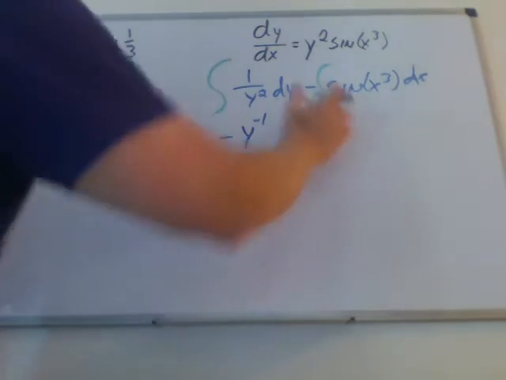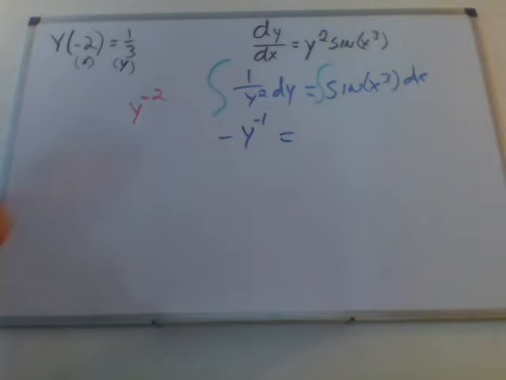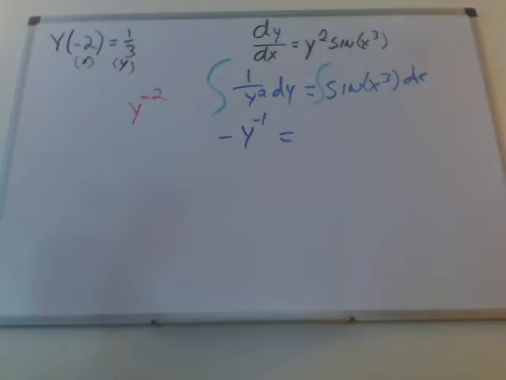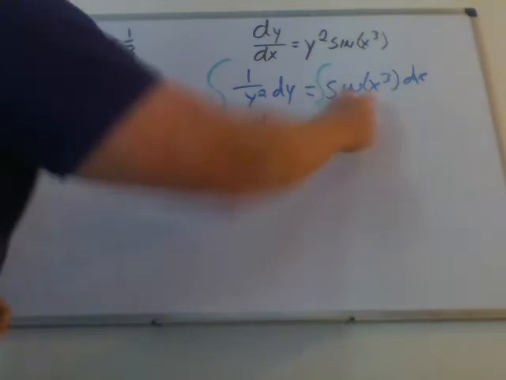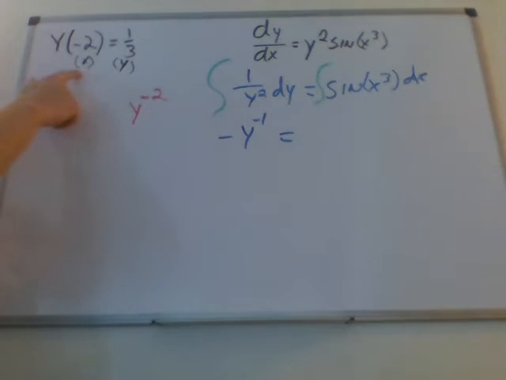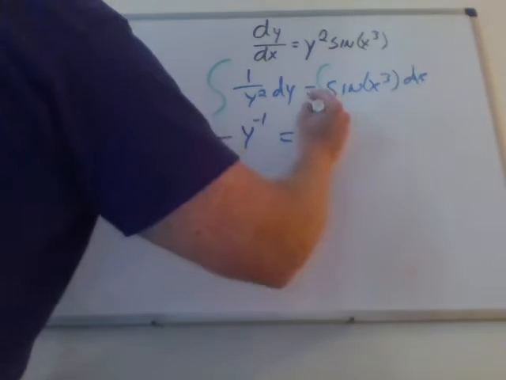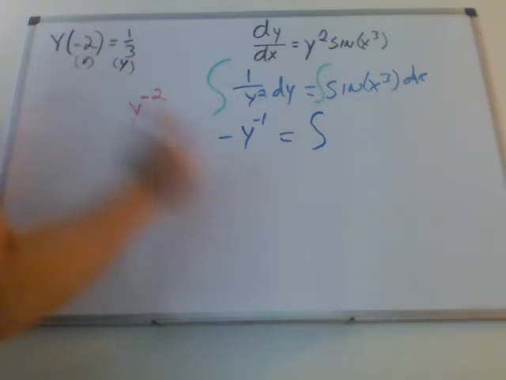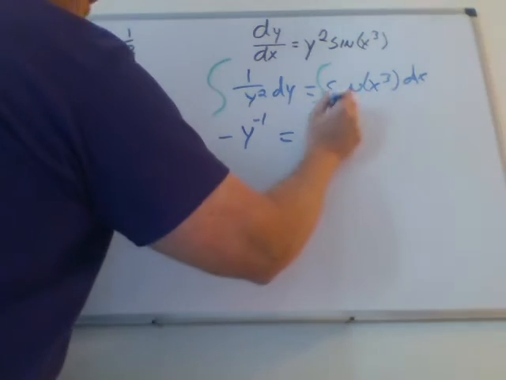Now, the integration of sine x cubed is a little tricky because you can't integrate that directly. You would need an x squared outside of it to use substitution. So you have to integrate from the initial x coordinate, which is -2. Thus, you're going to put the integral from -2 to x.